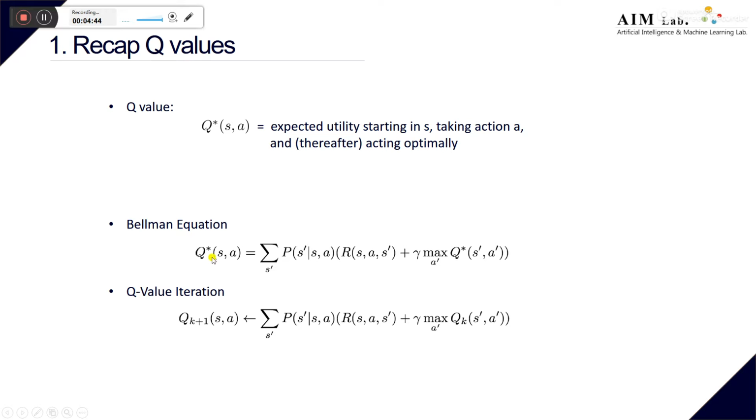The optimal Q value satisfies the Bellman equation, and we can get this value from Q value iteration, like this one. It is an iterative method with this formula, and it converges to Q star.